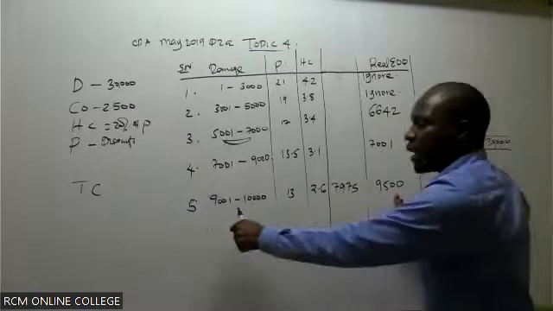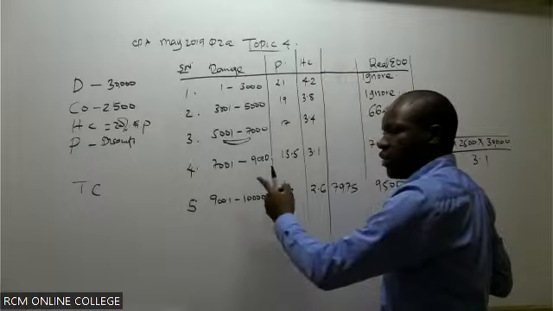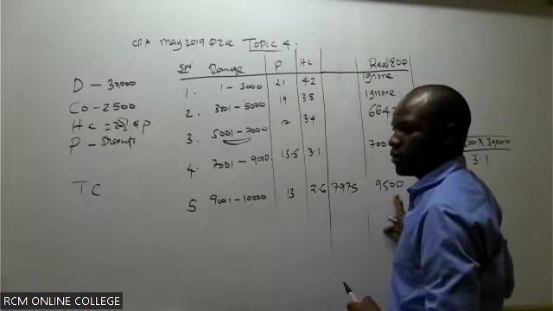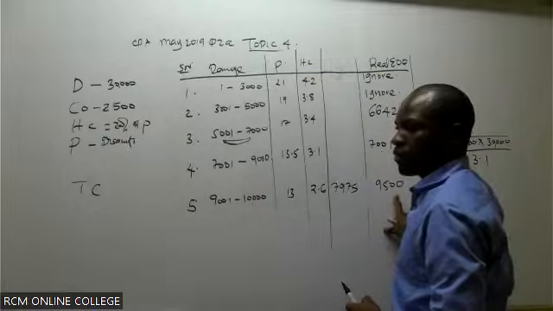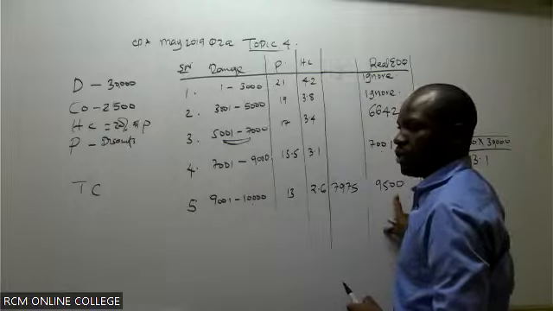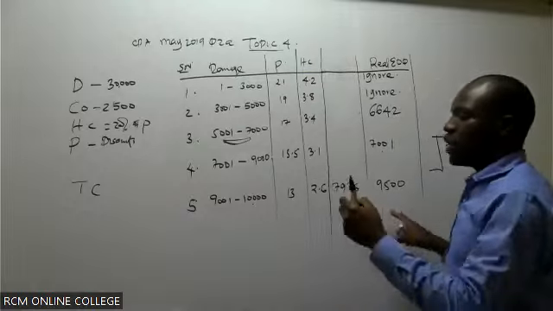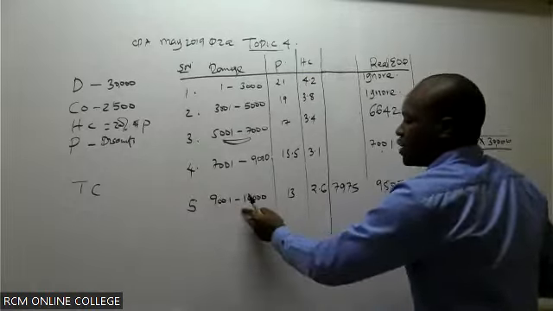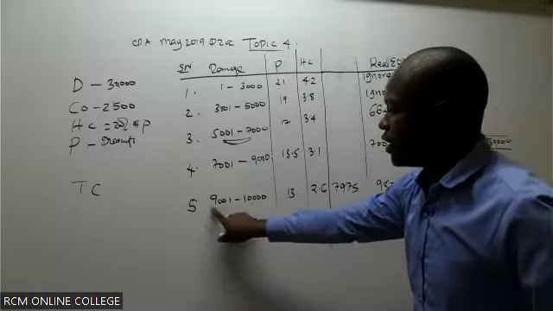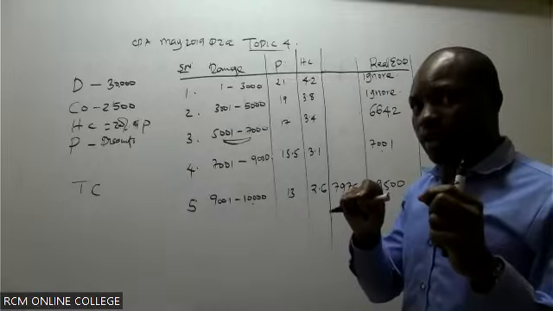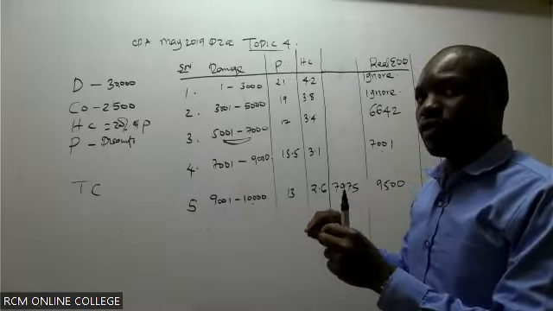You don't just pick any within this range. You can't pick any other number within the range. The reason why you are picking the first one within this range is we don't have an option.